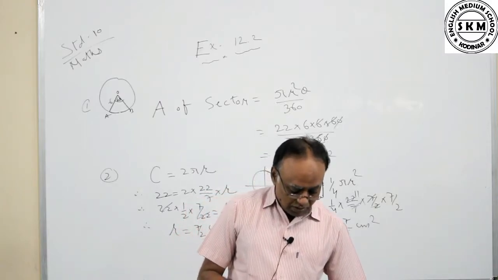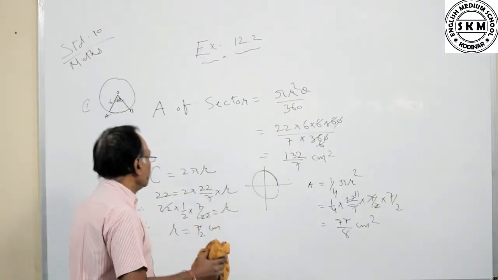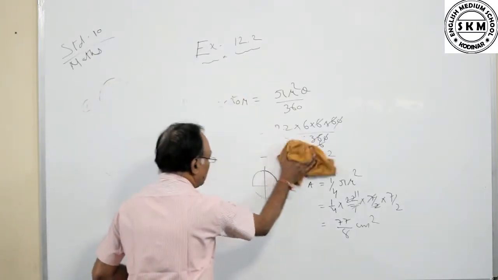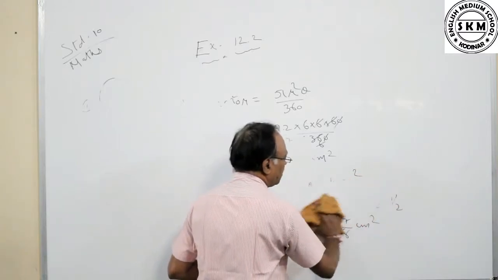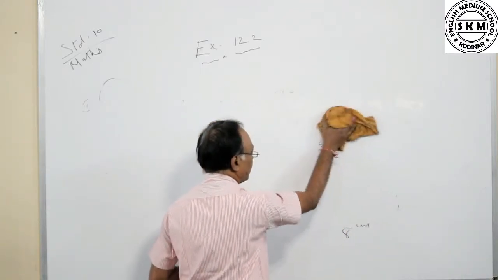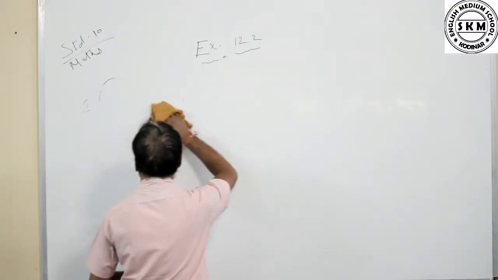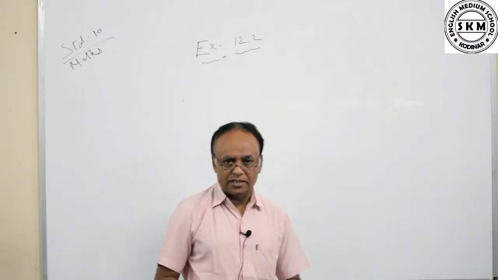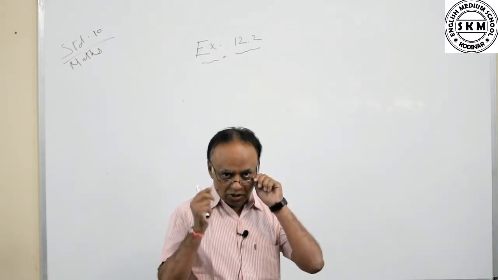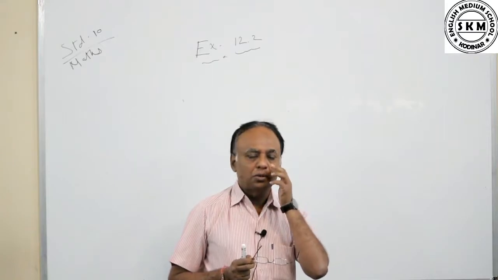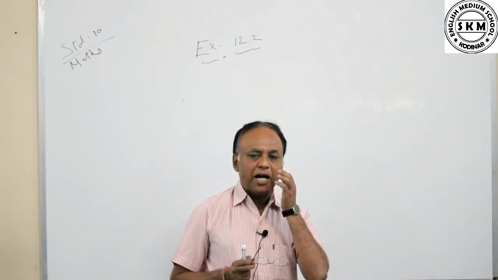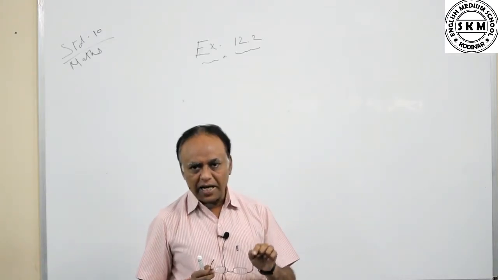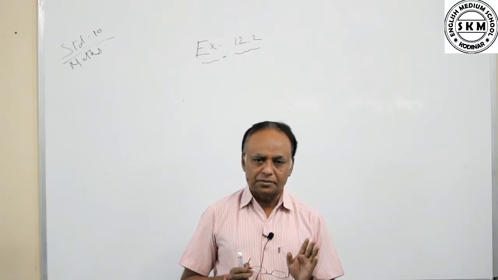Now observe the clock carefully. The length of the minute hand becomes the radius, and it completes one circle, which is 360 degrees. So there are 12 sectors, so divided by 12. So every 5 minutes, the angle swept by the minute hand is 30 degrees.